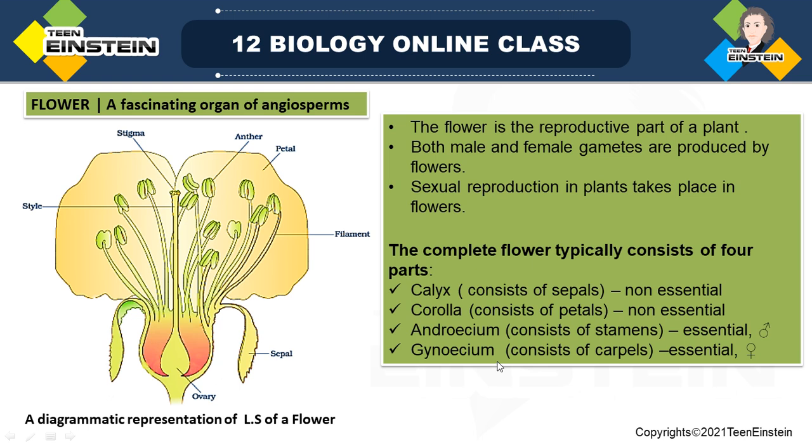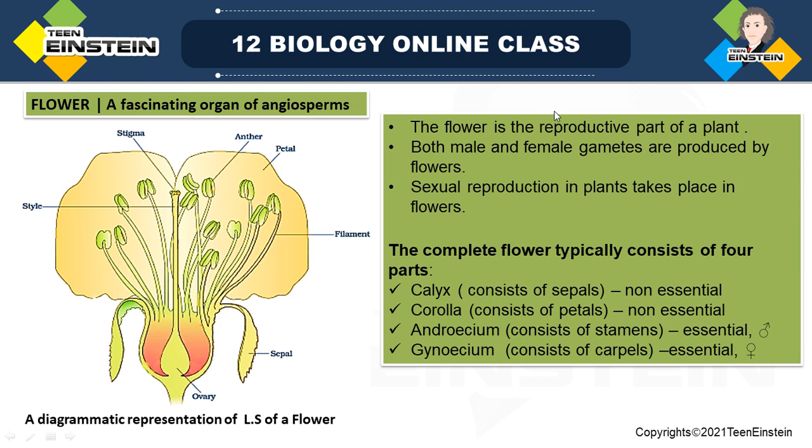Why are they essential? Because androecium is the male reproductive organ and gynoecium is the female reproductive organ. Without these, sexual reproduction is impossible. So they are called the essential whorls of a flower.